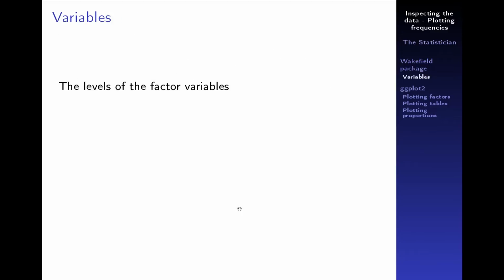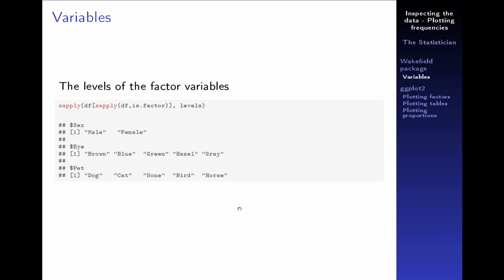Okay, so let's see our factor variables. See that there are 5 levels in both of our variables.